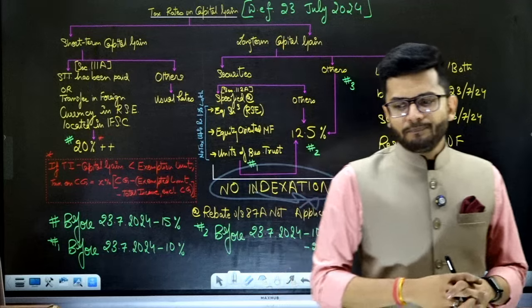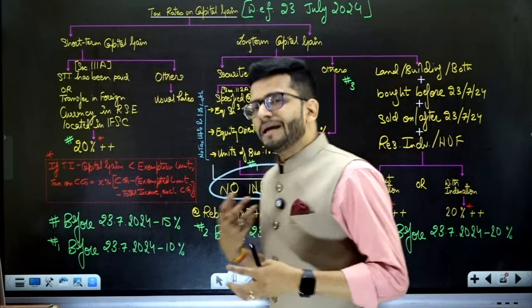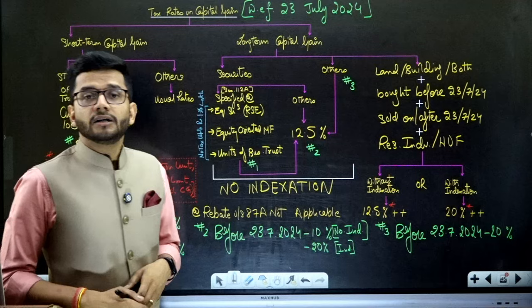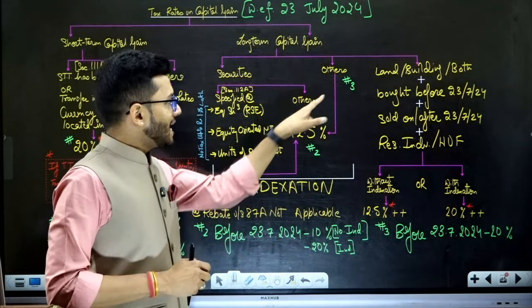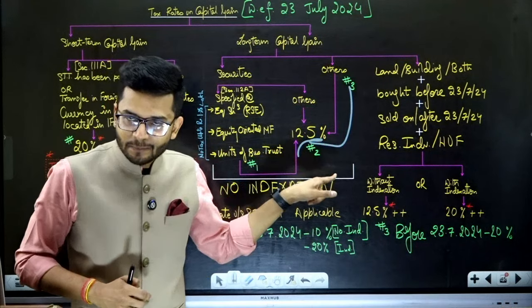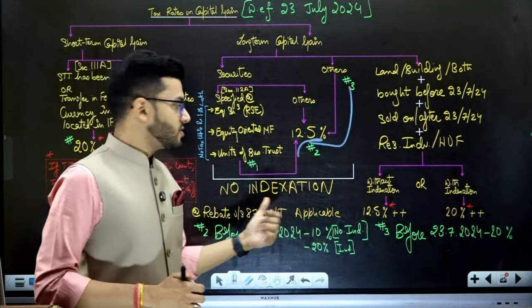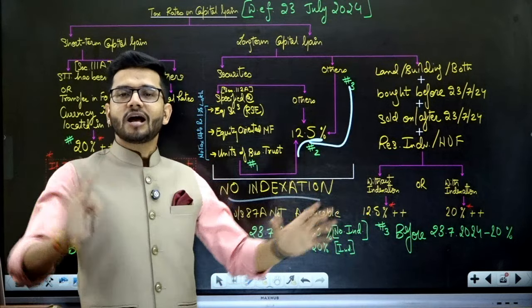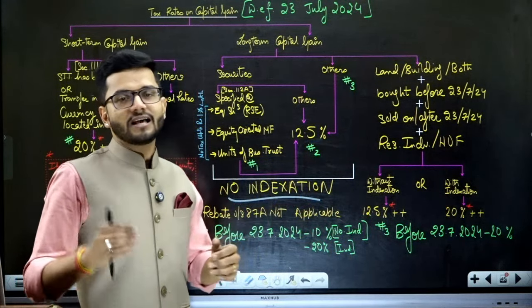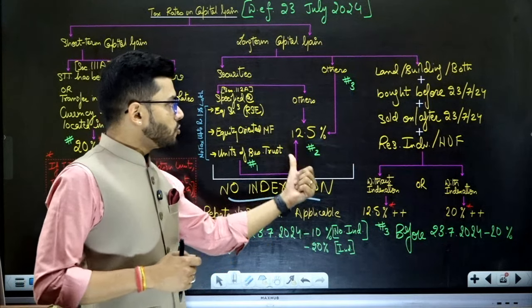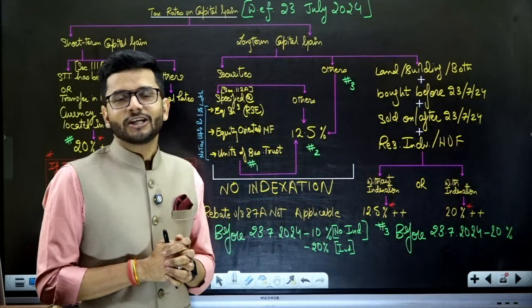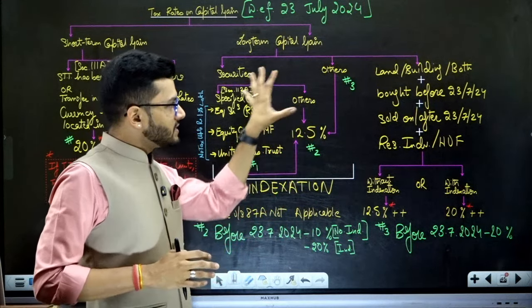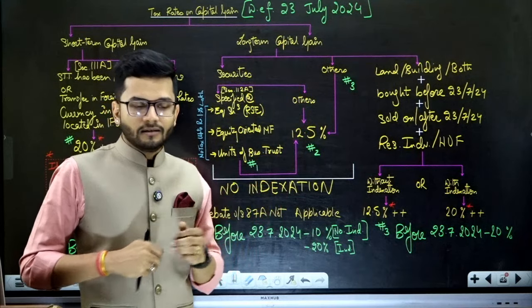It's a big, devastating factor for many people, because indexation used to substantially reduce the long-term capital gain. But since the tax rates have been substantially subsidized, the benefit of indexation has been withdrawn. So no indexation applicable henceforth, and the tax rates have been dropped down to 12.5% for the capital gain. So this is the long-term capital gain scenario.